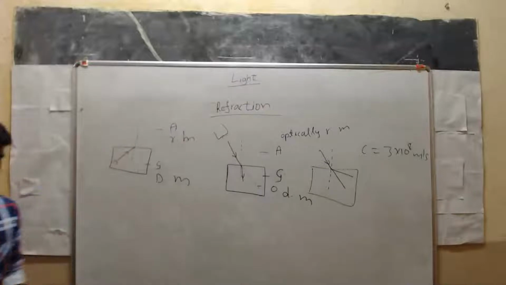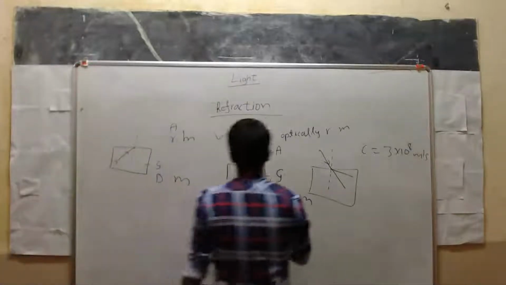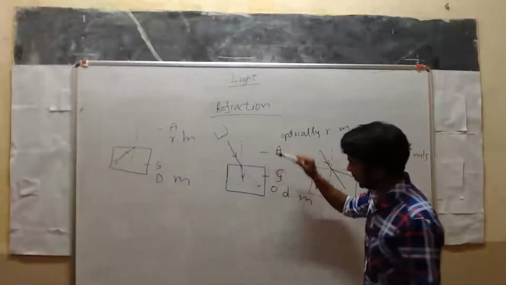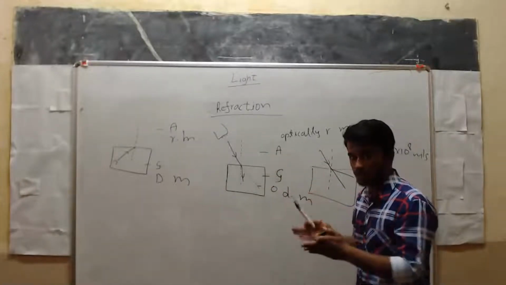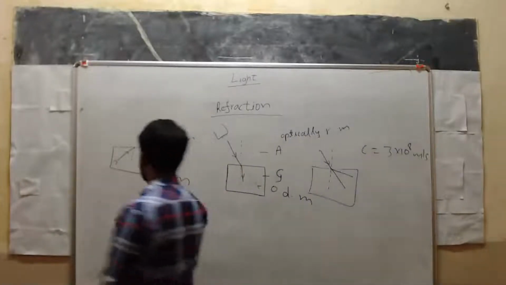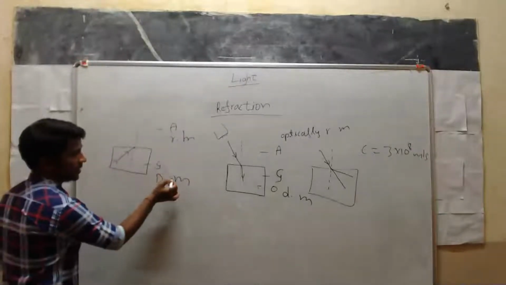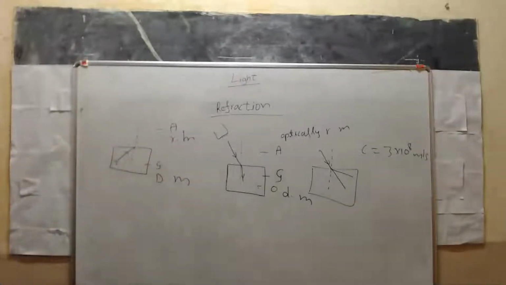In the first case, while traveling from rarer to denser, its speed of light decreases, so that's why it bends towards the normal. Now in this case, our ray of light is traveling from a denser medium to a rarer medium.